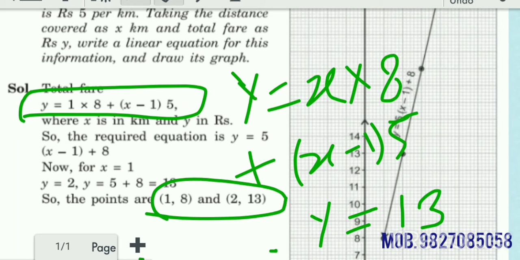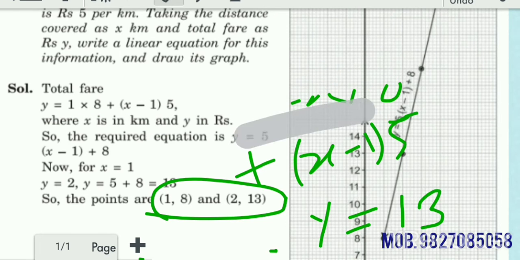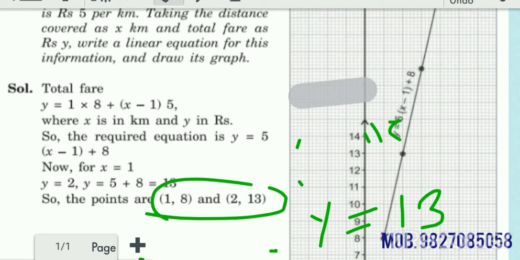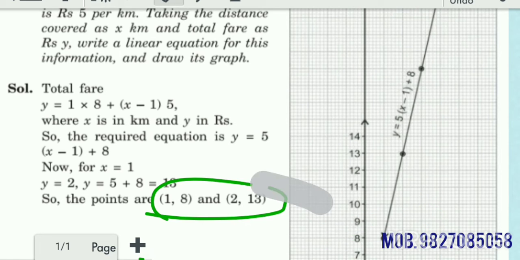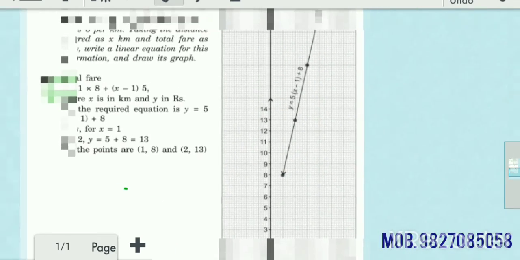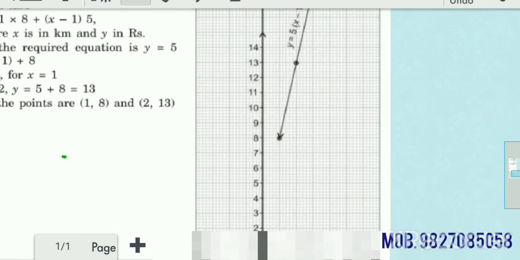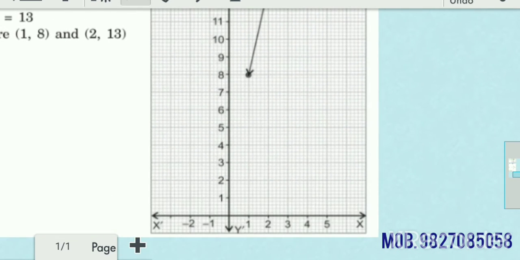Now we have to put these points on the graph. Okay, so the given points are (1, 8) and (2, 13). Now on the graph, x is equal to 1 and y is equal to 8. This is one of our 2 points.